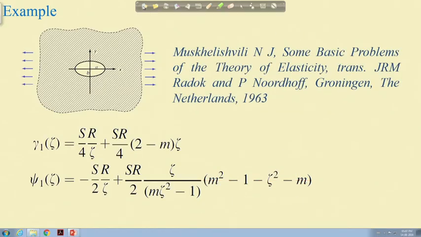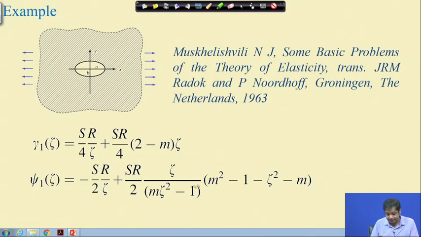But before that, we have to start with some potentials. These are gamma 1 and psi 1: if you recall, gamma is written in terms of z, but when it is represented in terms of zeta, it is called gamma 1, and similarly psi, when represented in terms of zeta, is called psi 1.